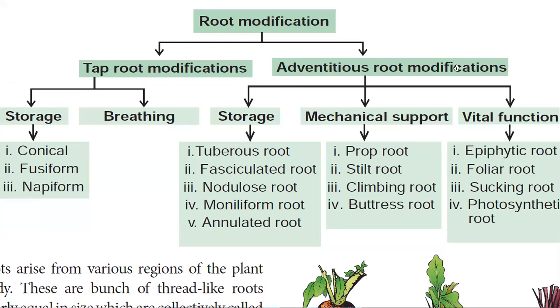Adventitious root modification is divided into three categories: storage, mechanical support, and vital function. Storage: tuberous root, fasciculated root, nodulose root, moniliform root, annulated root. Mechanical support: prop root, stilt root, climbing root, buttress root.